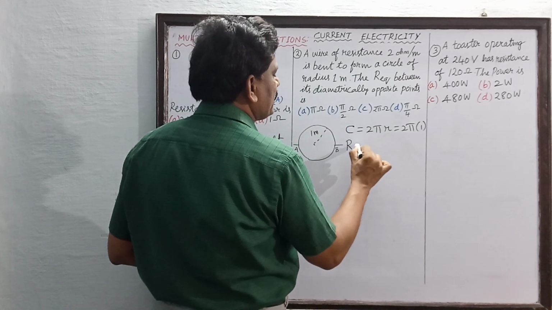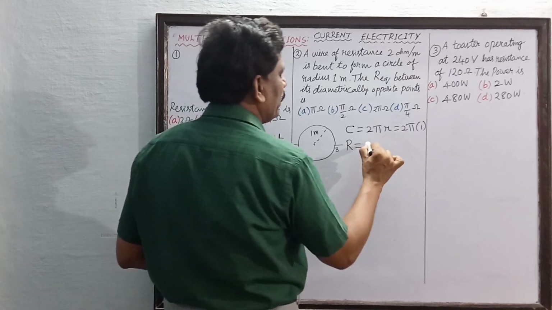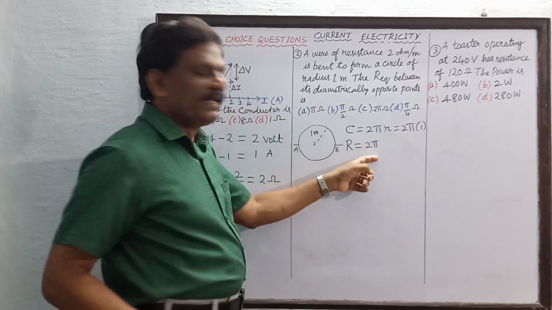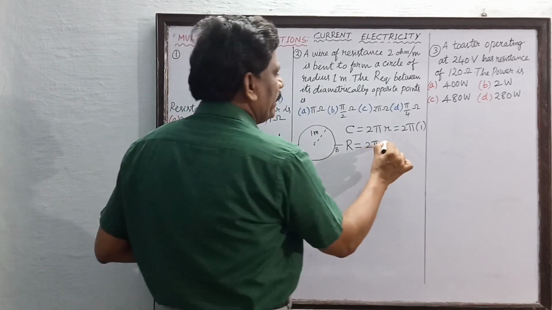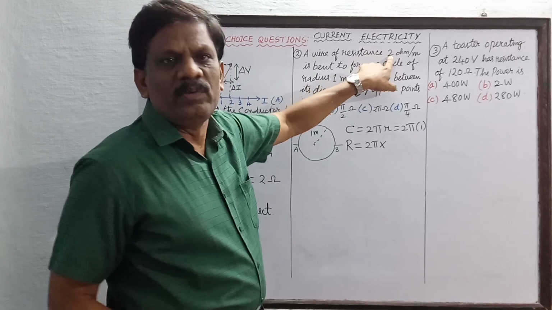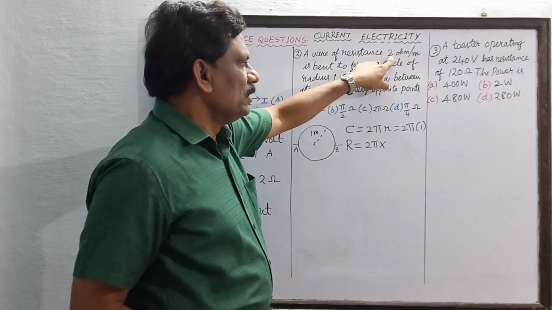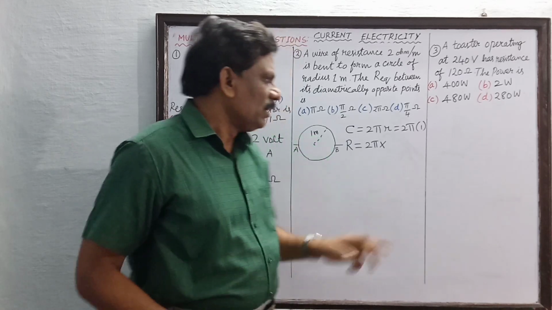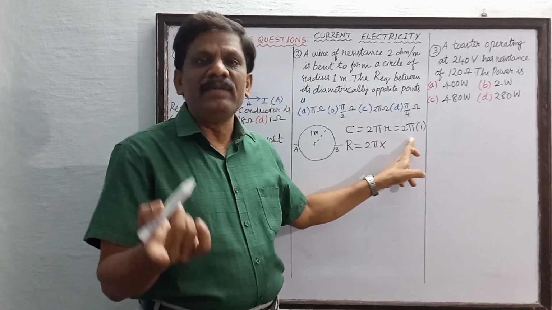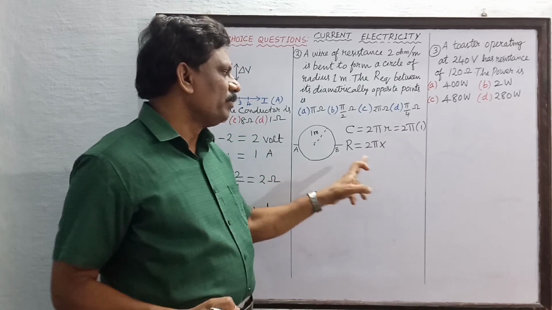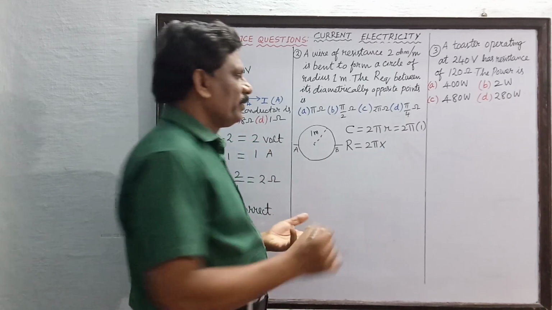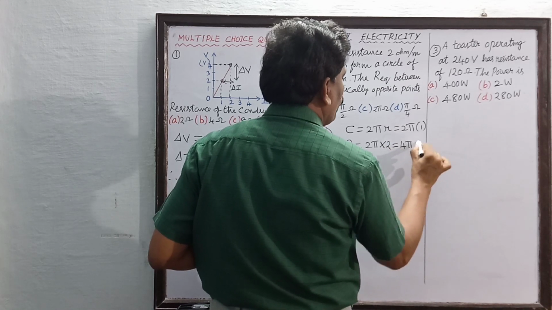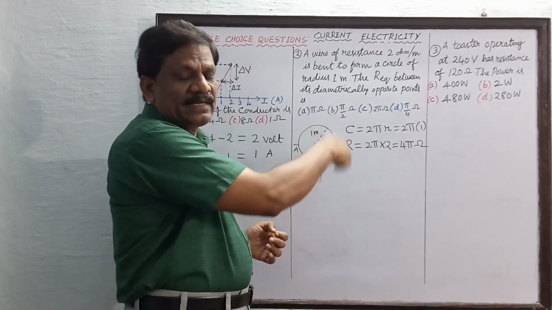The total resistance is the circumference, which is the length, multiplied by the resistance per unit length, 2 ohm. For 1 meter length the resistance is 2 ohm. Therefore, for 2 pi meter length, the resistance is 2 pi multiplied by 2, that is equal to 4 pi ohm, for the entire circle.